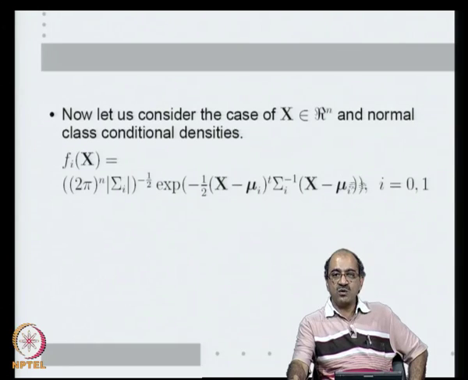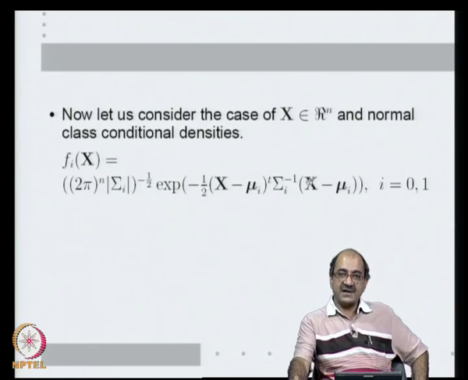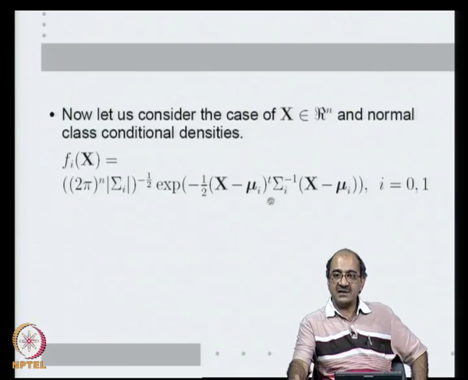So mu 0 and mu 1 as earlier are the means, and sigma 0 and sigma 1 are the covariance matrices. Now of course x is a vector, so are mu 0 and mu 1, and both sigma 0 and sigma 1 will be n by n matrices, the covariance matrices.